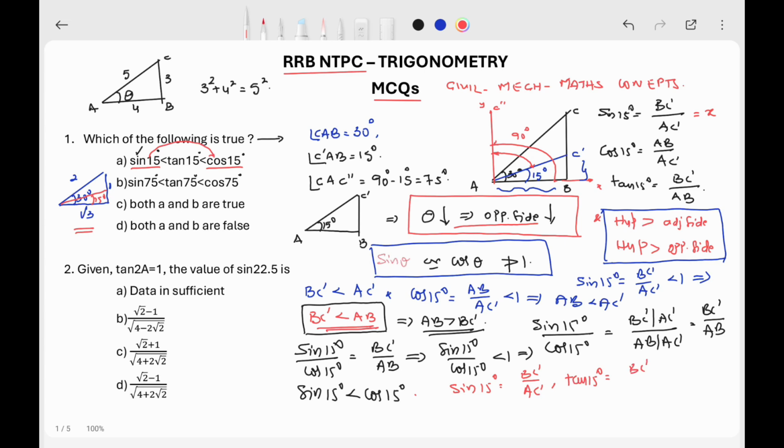BC dash by AB. Now compare AC dash and AB. AC dash is hypotenuse. Hypotenuse is always greater than AB, that we already know. AC dash is always greater than AB.